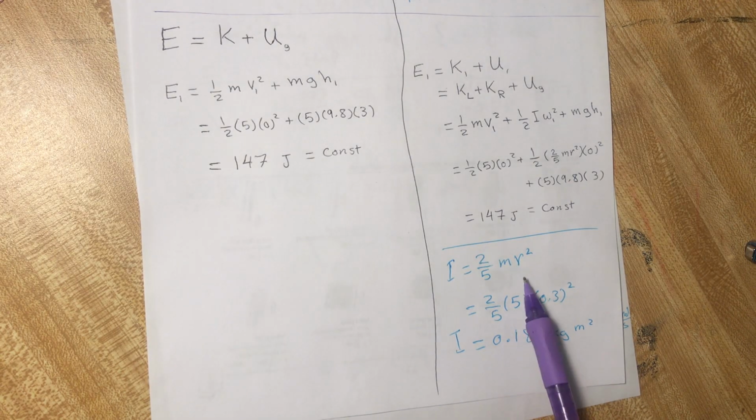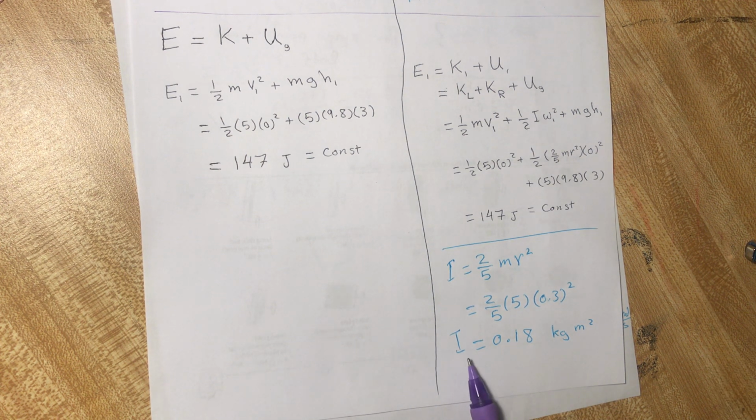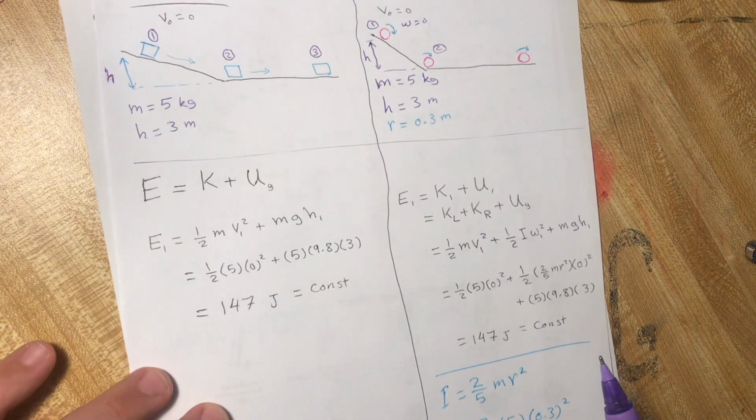M is 5, R is 0.3 squared. Then the moment of inertia is 0.18 kilogram meter squared. So the effective mass for the rotated body is 0.18 kilogram meter squared. Okay?